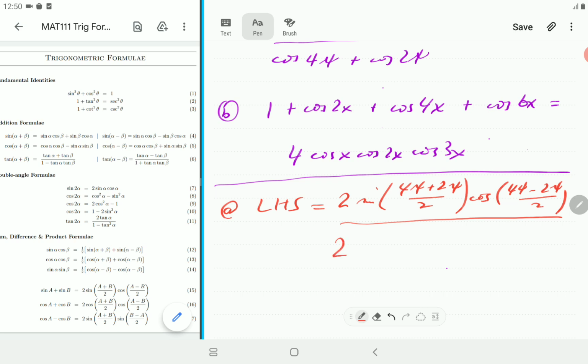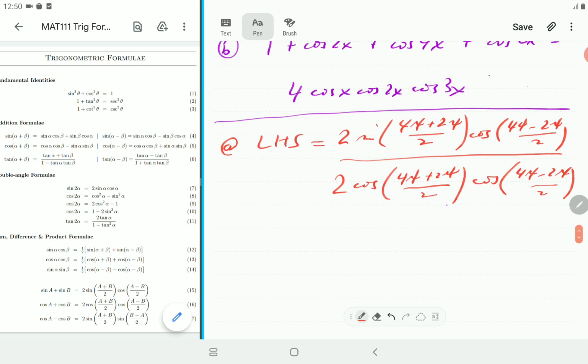So we're going to have 2 cosine 4 psi plus 2 psi all over 2 and cosine 4 minus 2 over 2.